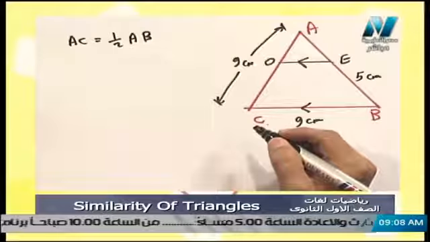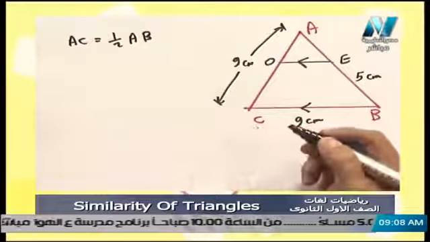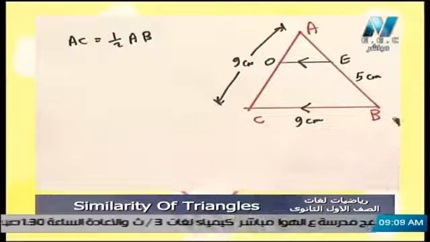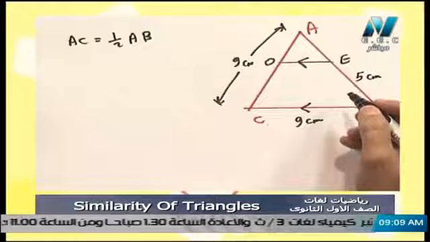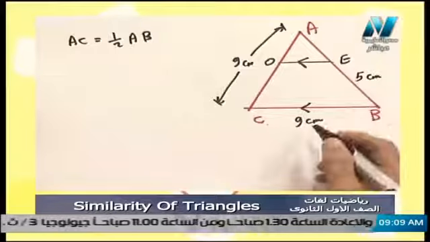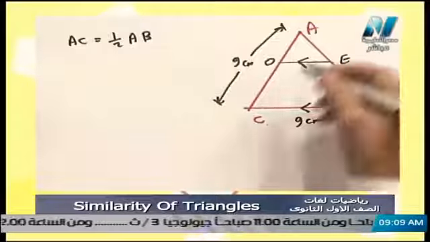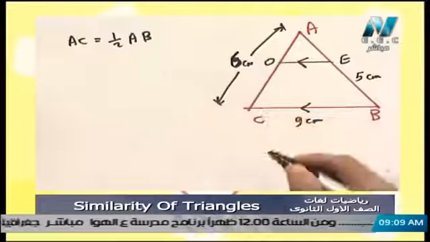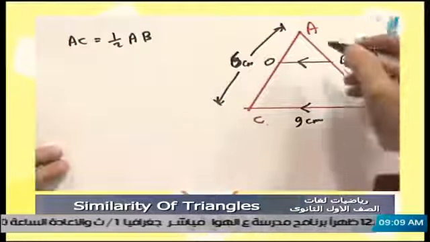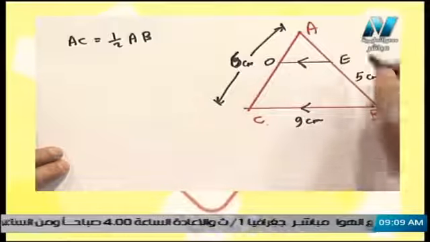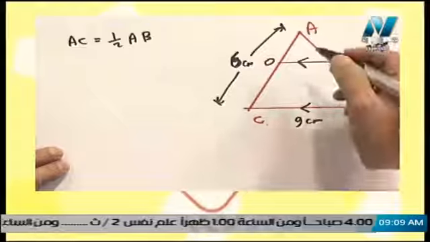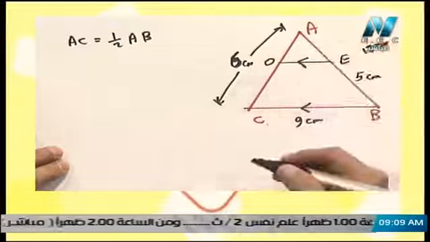Okay. AC equals what? Here EB equals 5 and BC equals 9, and AC equals half AB equals 6 centimeters, so it's 6 centimeters, not 9. So we can say that AB here is 12 centimeters because AC is half AB.